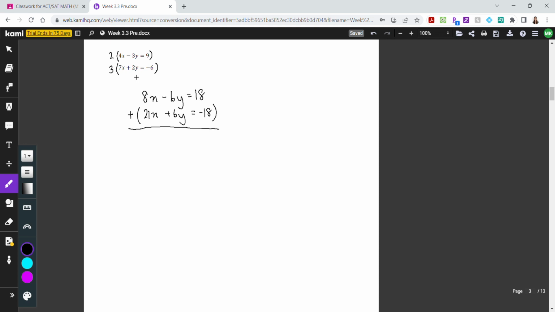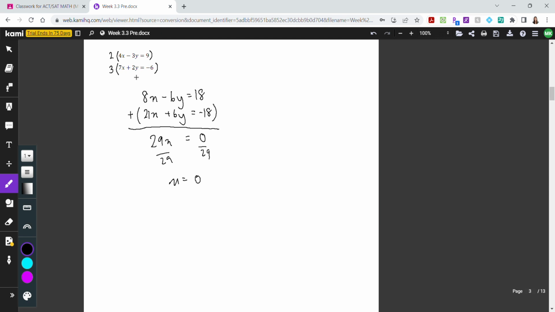Well, 8 plus 21 is going to be 29x. Negative 6 plus 6 is going to be 0. 18 plus negative 18 is going to be 0. I want x by itself, so we're going to divide both sides by 29, and then we're going to get x equals 0.